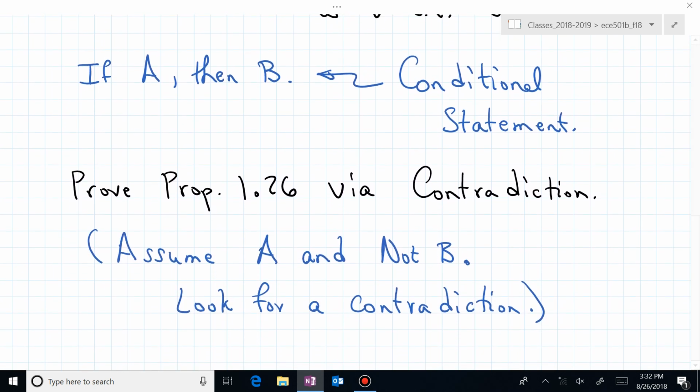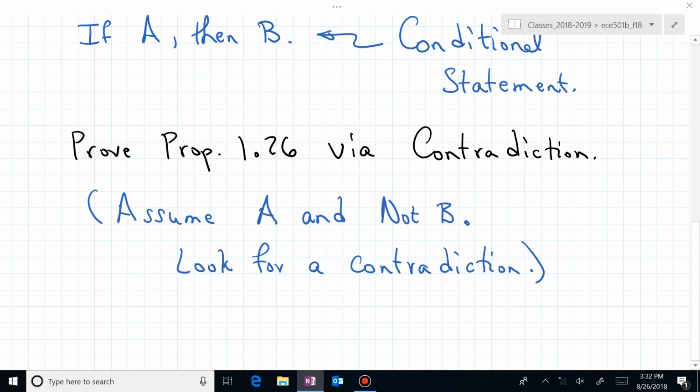As we said, we're going to prove Proposition 126 via contradiction. The contradiction strategy then is to assume statement A and assume not B. As far as we look at the negation of statement B, which now is basically saying, maybe we have a couple of different additive inverses that when summed with any arbitrary V, will give us the 0 element.